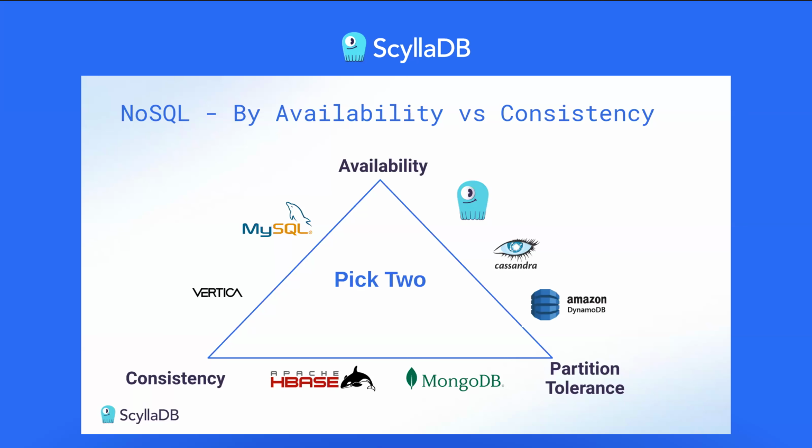It means that ScyllaDB focuses on being highly available and partition tolerant. So what does availability mean? For example, if you make a request to the database, will you always get a response, even if one or multiple nodes go down? If the answer is yes, then that database is highly available.